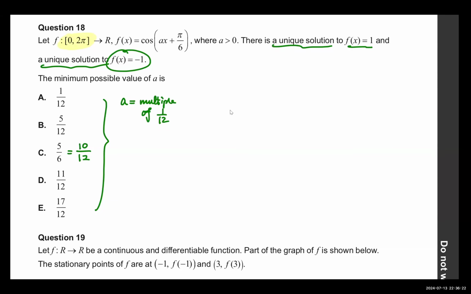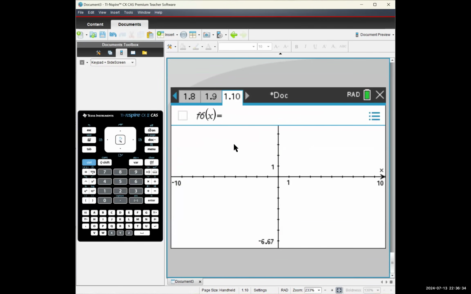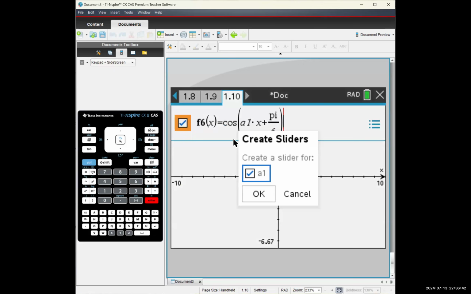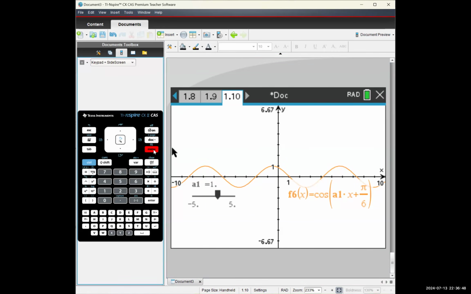So you probably would have guessed what I'm going to do in a moment: using a slider. And I will create a graph. Let's say cosine of (a1 times x plus pi over 6). Create a slider. I will deal with the slider settings later. But let me just do a couple of settings.